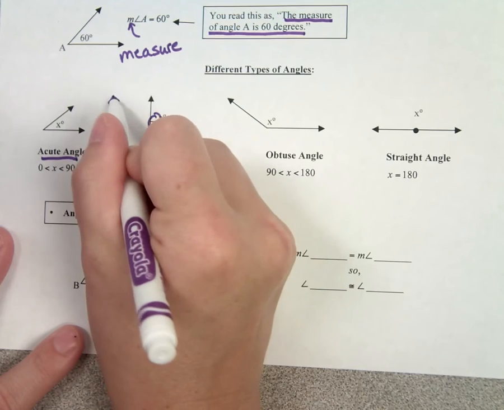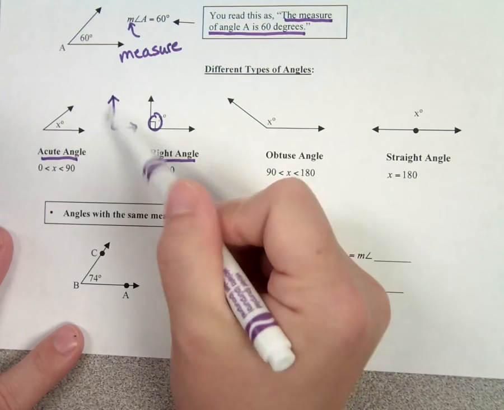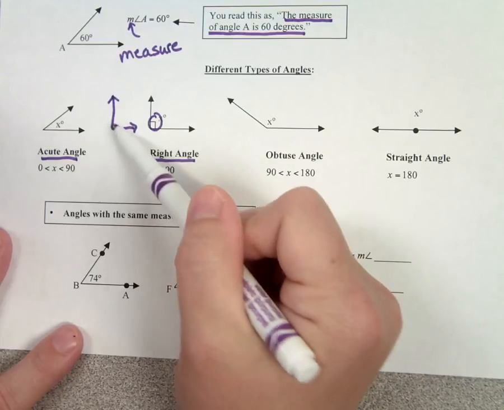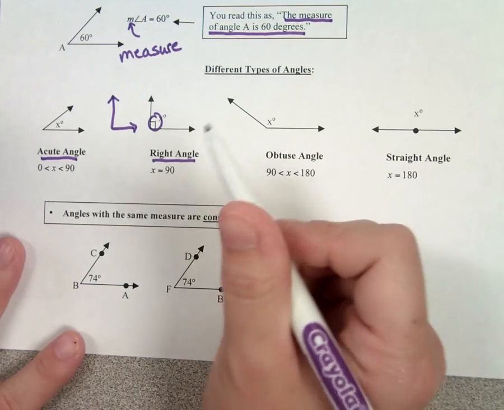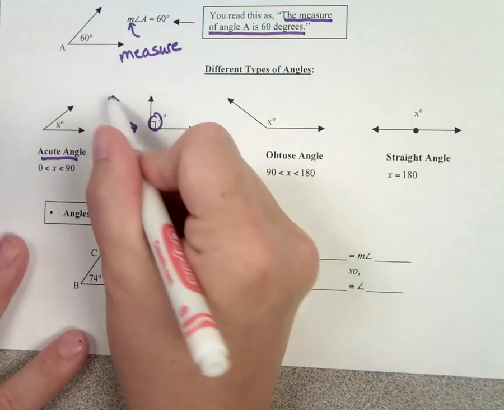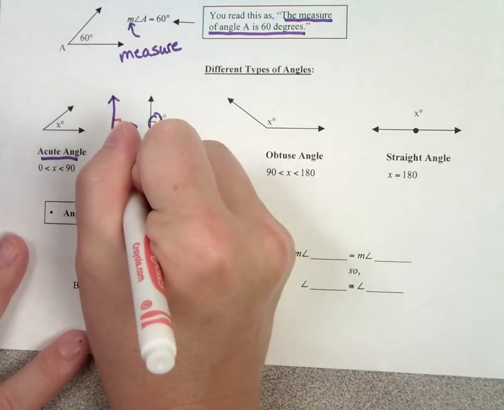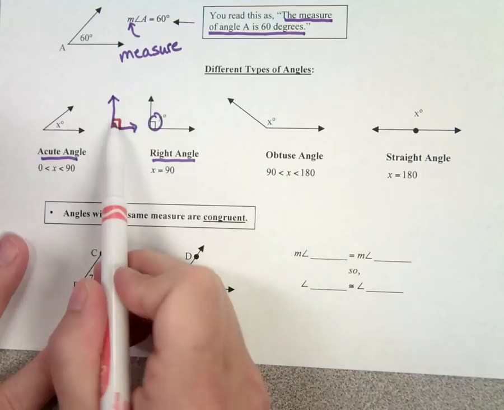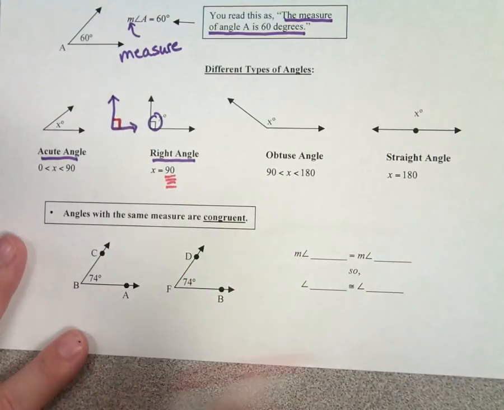So if I drew an angle like this, and you don't see a little box right here, it may look like it's 90, but we don't know that it's 90, and we can't assume that it's 90 unless something has told us that it is. So in order for an angle to be a 90-degree angle, we'll have to know something, and this little right angle box shows us that it's exactly 90 degrees, and that makes a right angle.